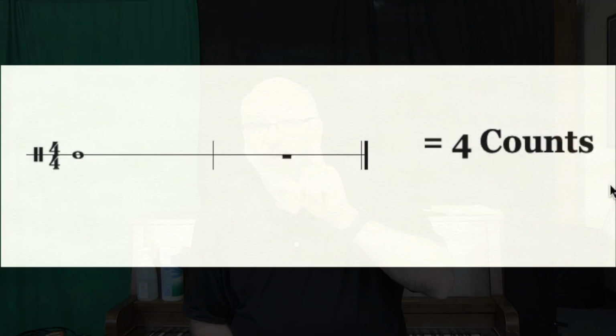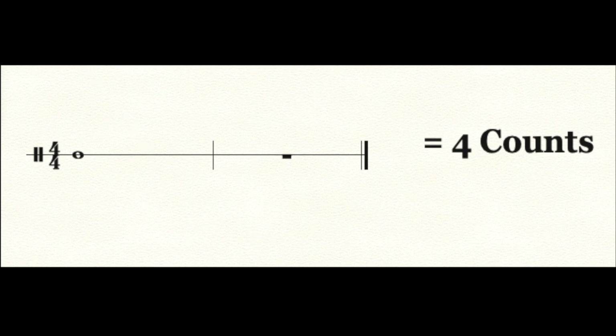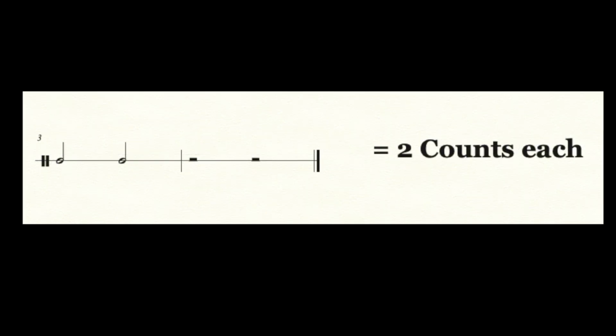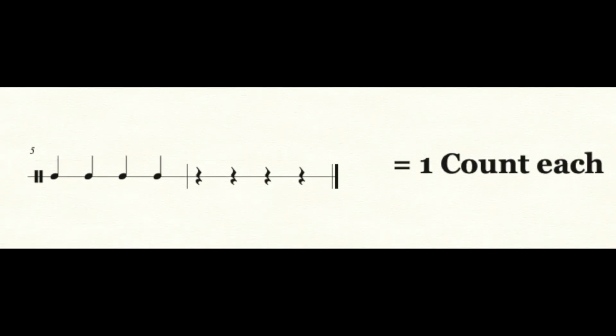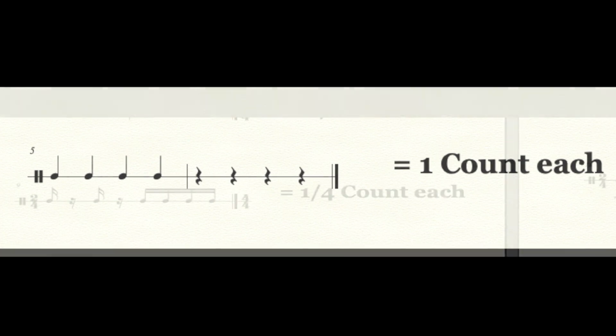Again, let's go back and look at it again. Whole notes: to, woo, woo, woo, rest, rest, rest, rest. Half notes and rests: to, woo, rest, rest, rest, rest. Quarter notes: to, rest, rest, rest, rest.